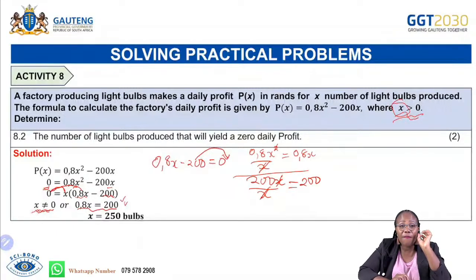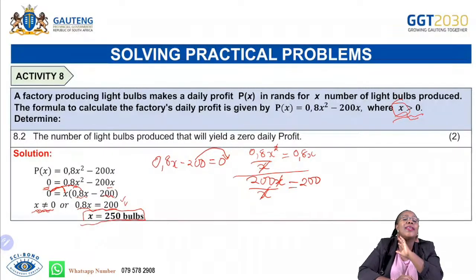So our final solution is that when you produce 250 bulbs, grade 12, you will not yet have a profit. In order to have a profit, you must produce something greater than 250. It is only then that you can get a profit.